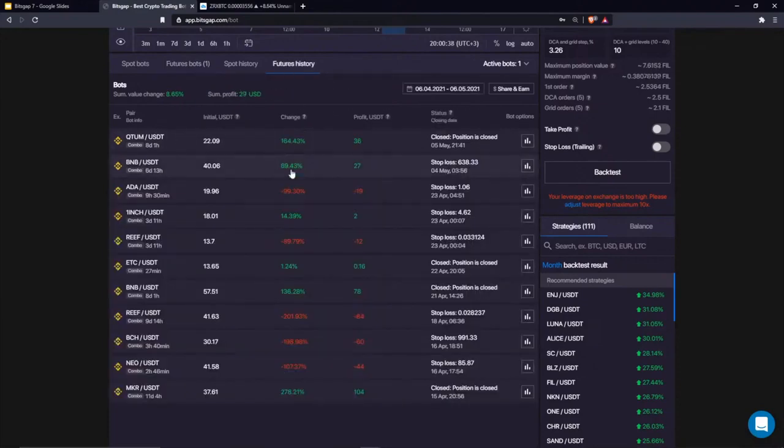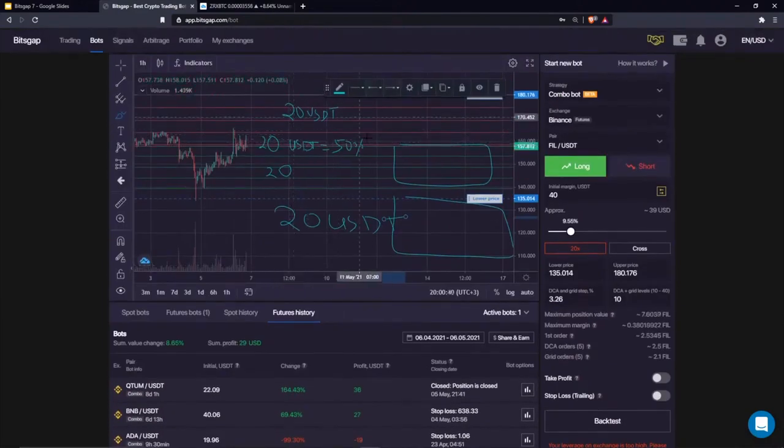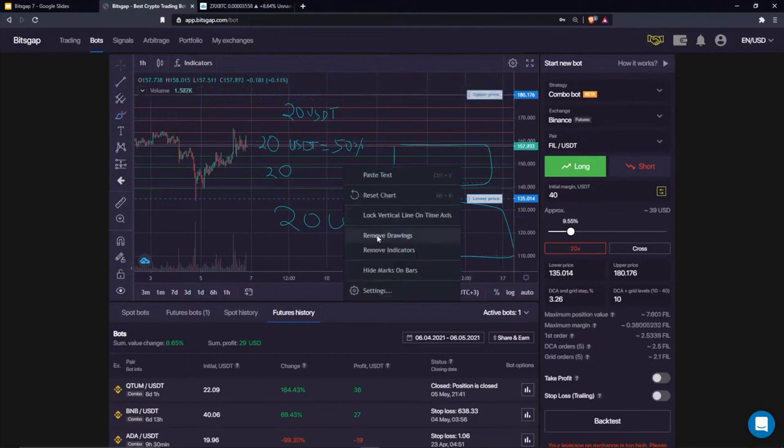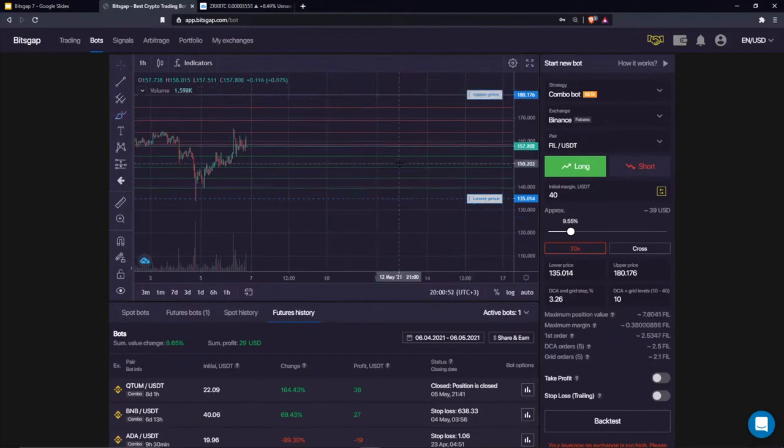So that's the thing. You don't actually need to ask me why we have this kind of 2-layer DCA structure. It's just that this is the current solution from the IT department. That's what has proven to be the best solution so far for futures market trading. And maybe in the future we will make some changes. Maybe we will add another strategy like we have in the spot market.